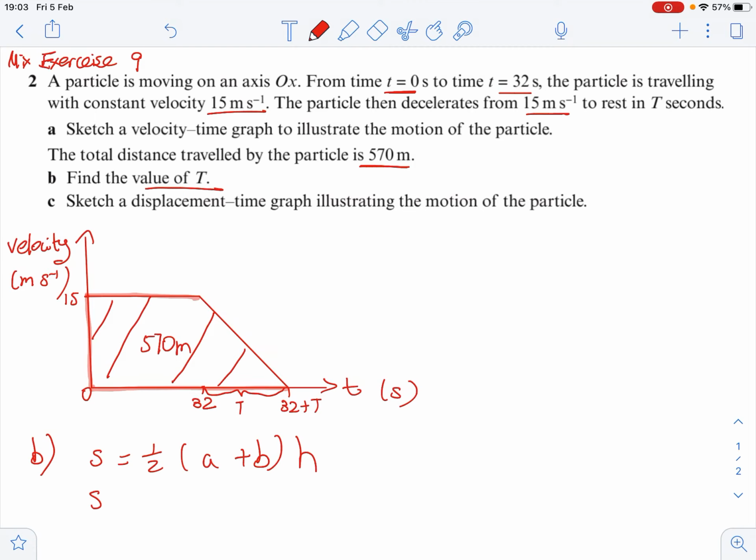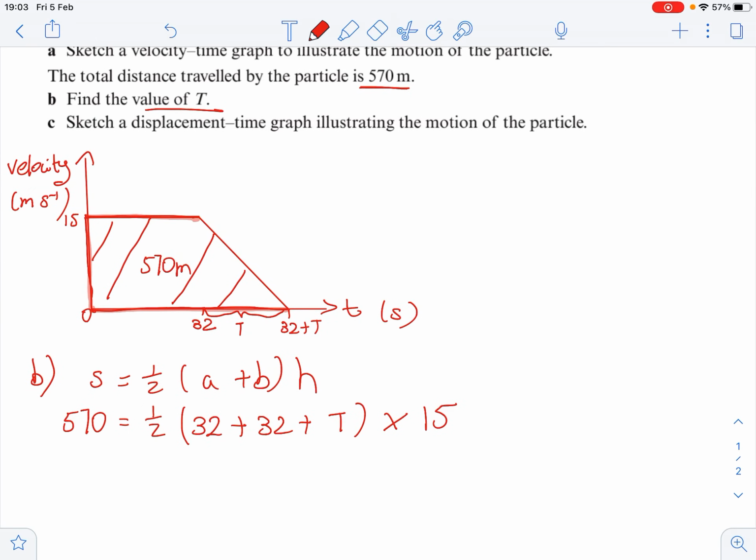So the total distance traveled by the particle is 570, which equals a half times a, which is 32, plus the length at the bottom, which is 32 plus t, then multiplied by the height, 15. So just solve it. 570 equals half of 64 plus t, multiplied by 15.